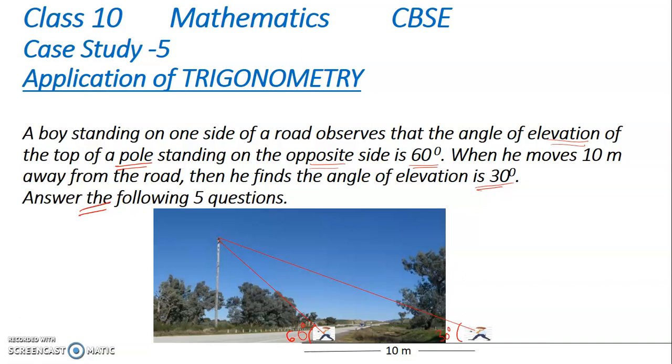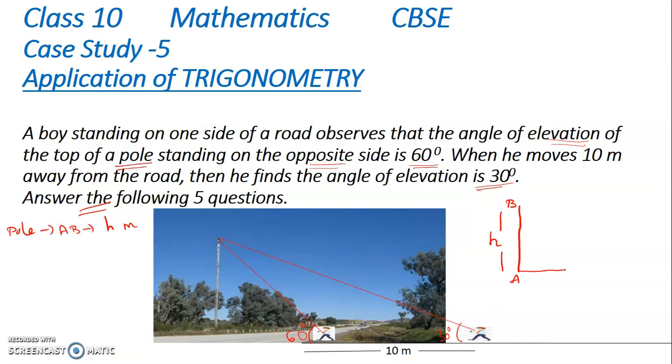According to the given question, first of all we have to draw a model diagram, a model triangle. This is AB, the pole. Let its height be H meters, since we don't know the height of the pole.